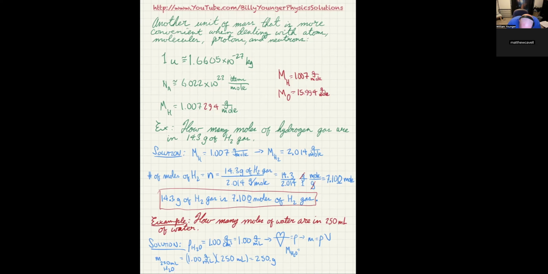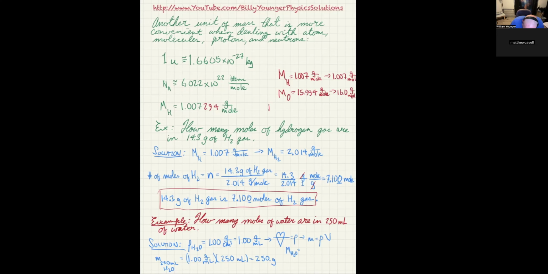So what I'm going to do is assume that this one is equal to 1.007 grams per mole, and this one is equal to 16.0 grams per mole.